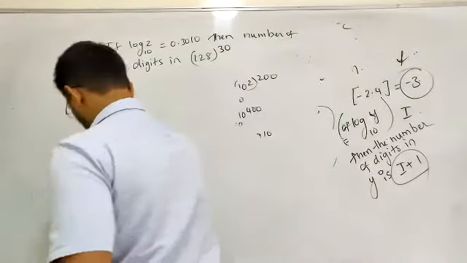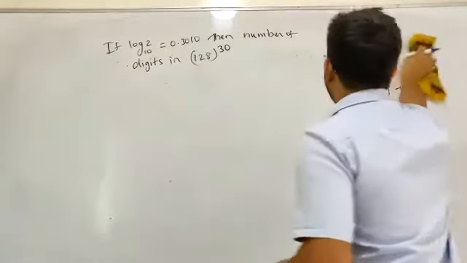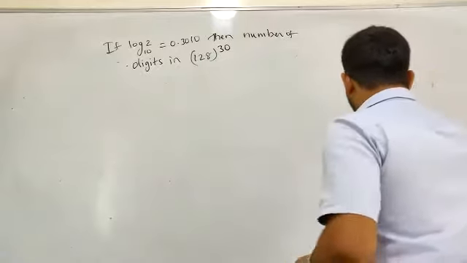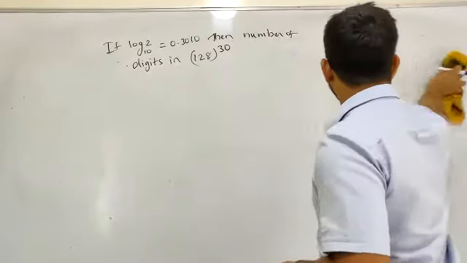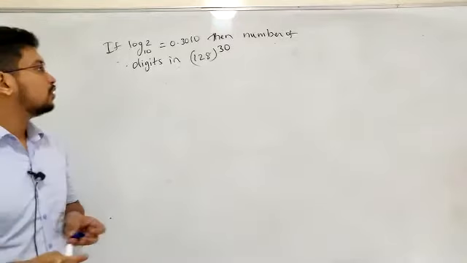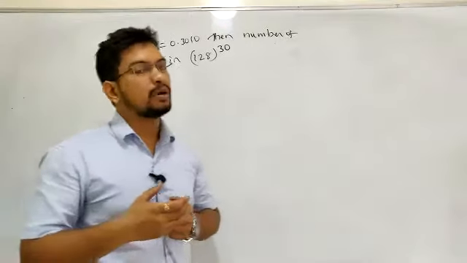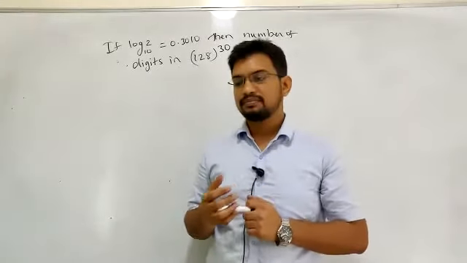Very simple. Find the value, find the logarithm, and from that logarithm try to establish this value. Or make it fast. I want every one of you to answer this. If log 2 to the base 10 is 0.3010, that is the data they gave you, and they're asking you the number of digits in 128 power 30.